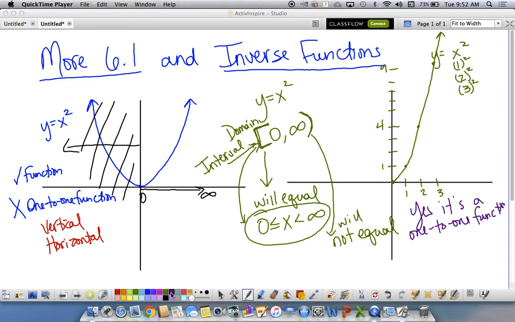So what does that mean? That means it has an inverse. If it has an inverse, then we can graph its inverse. We can write its inverse function.